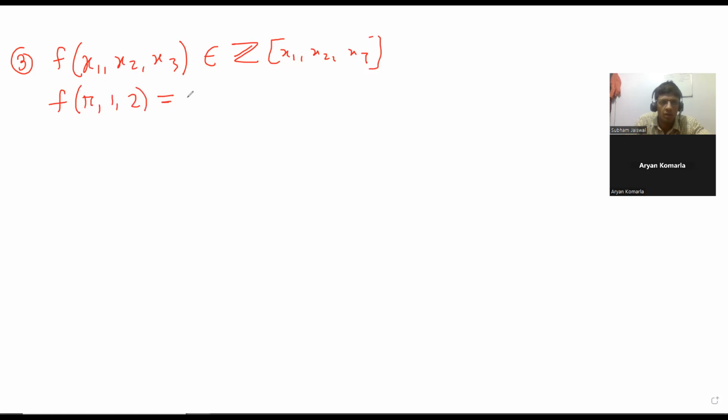So now we have to prove that f is 0 at infinitely many points.